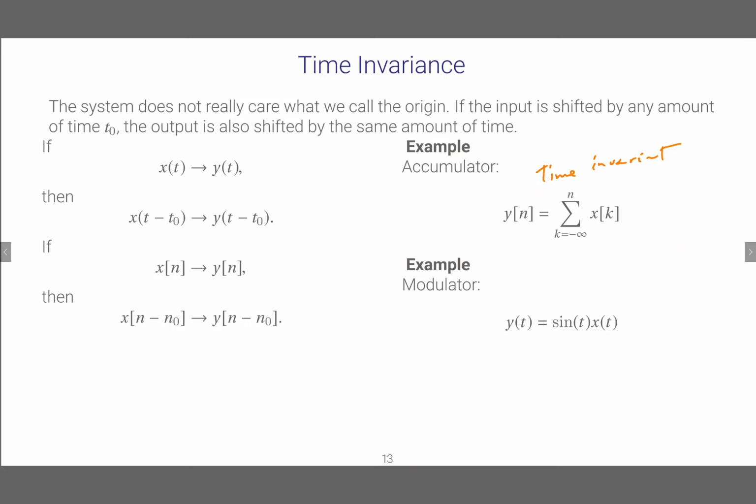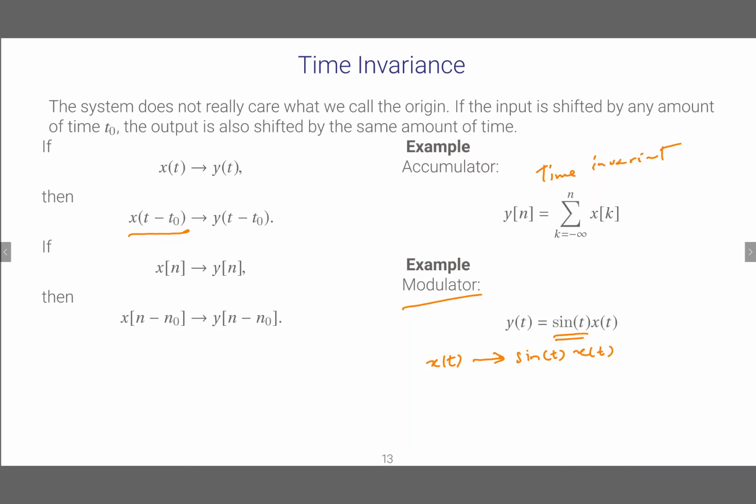Now, let's take a modulator. Modulator means you are multiplying the input signal by sin t. Remember, this sin t is due to an independent oscillator. So let's do the two tests. If you shift the input, the output must also be shifted by the same time. We know that x(t) produces sin(t) x(t).